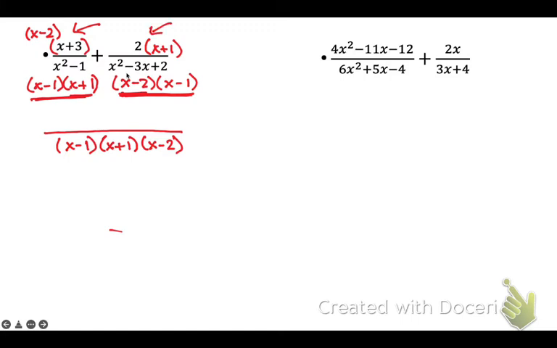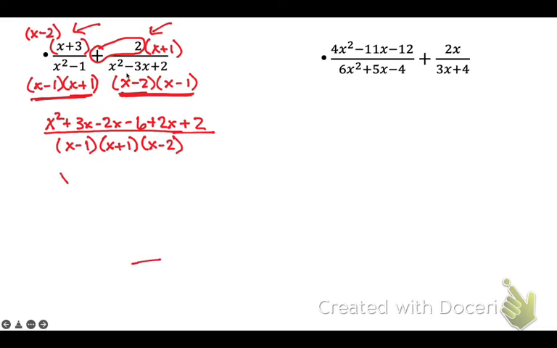So when I FOIL that, I get x squared plus 3x minus 2x minus 6, not plus. And when I distribute a positive 2, that's a positive 2, yes? If that was a subtraction, it would be a negative 2. I get plus 2x plus 2. And now I add like terms, right?